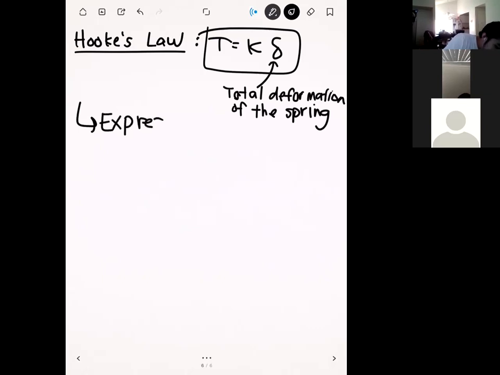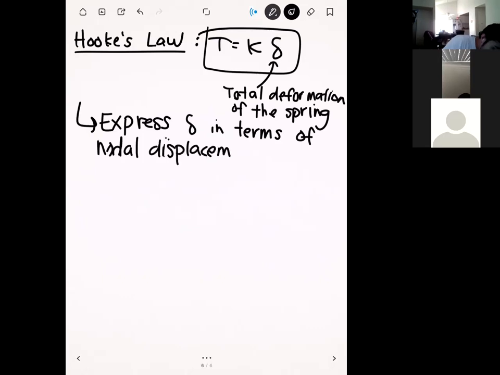So we can put this in terms of variables that we know. Let's express delta, the total deformation, in terms of the nodal displacements. Our nodal displacements are D1 and D2.